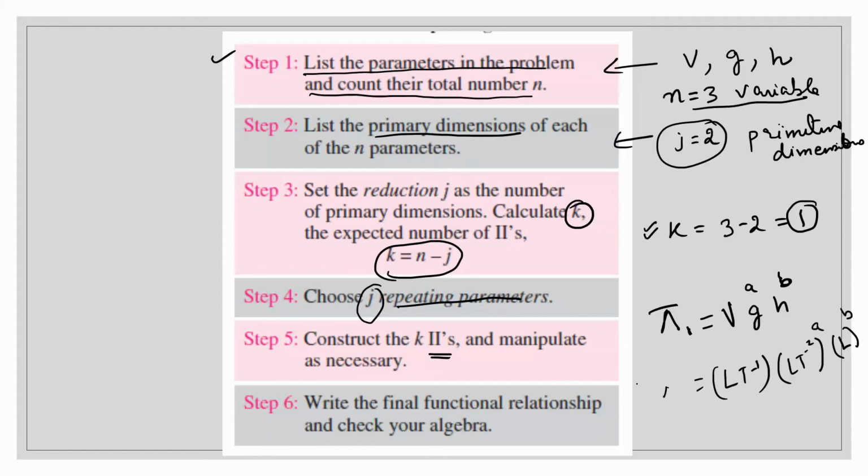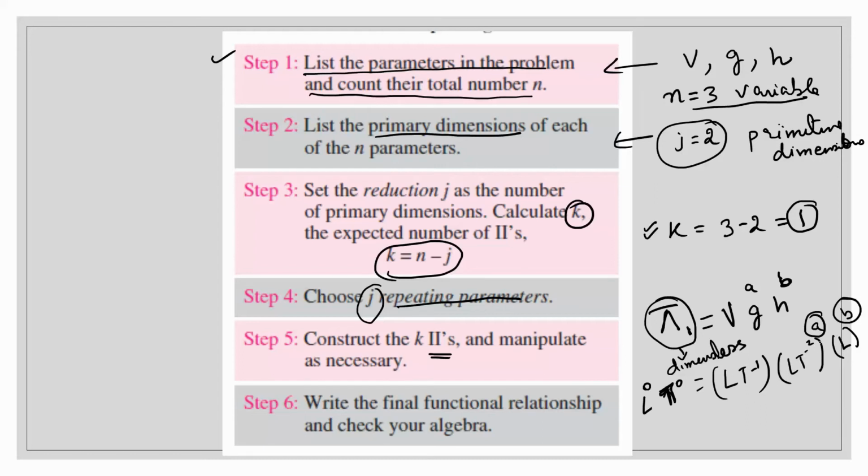And pi 1, since this is a dimensionless group, this will be 0. Like if I write L to the power 0 and T to the power 0. Now if you compare both sides, you will find the values of a and b.